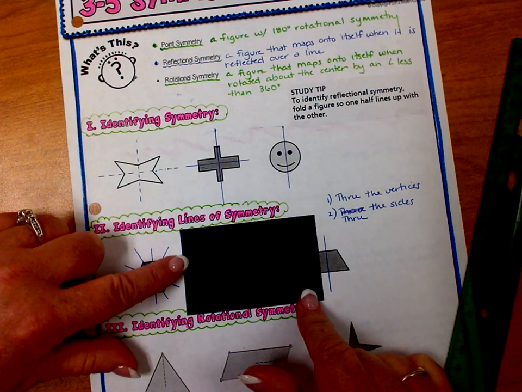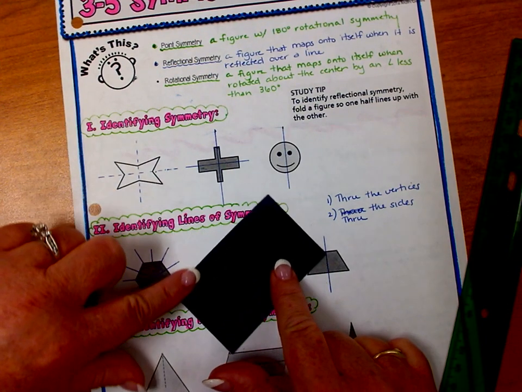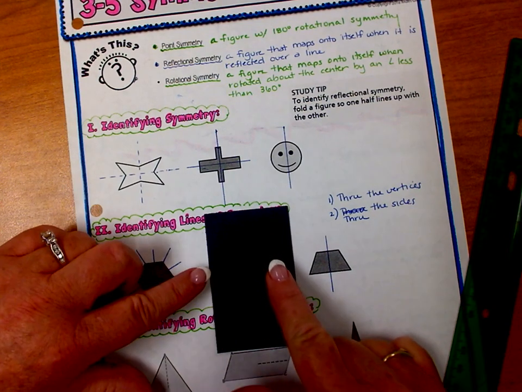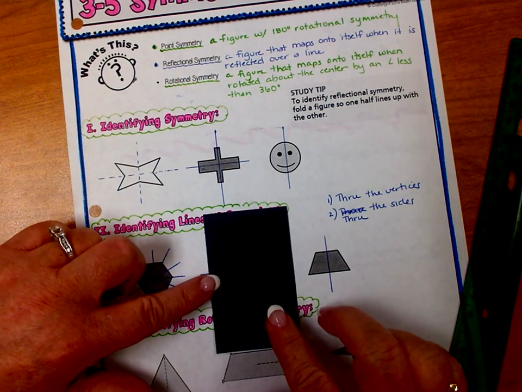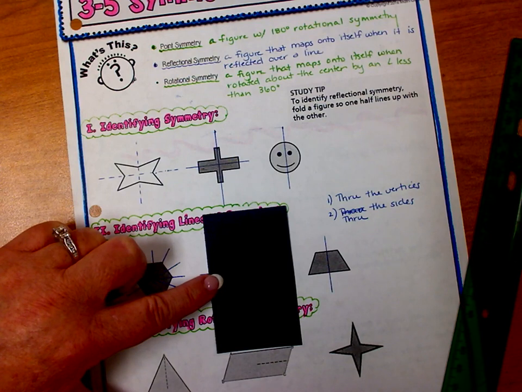That's not the same orientation, so it does not have 90-degree symmetry. Now if I turn it another 90 degrees, which is 180 degrees, now it looks like it did in the beginning. So now we have 180-degree rotational symmetry. We also have point symmetry because it's 180-degree rotational symmetry.